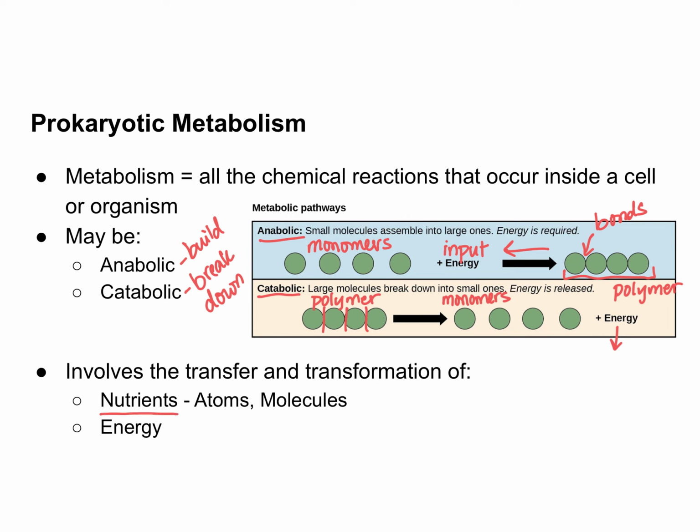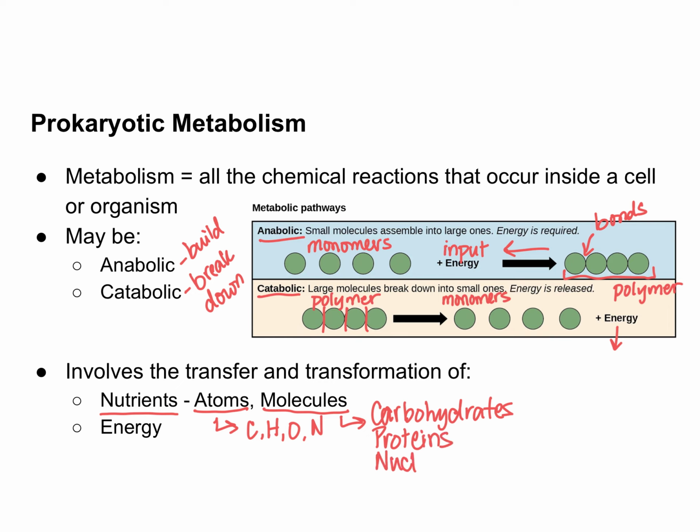These nutrients are in the form of things like atoms. So we may be talking about carbon, hydrogen, oxygen, nitrogen, etc., and or molecules. And oftentimes we are talking about those macromolecules, which include things like carbohydrates, proteins, nucleic acids, and lipids.